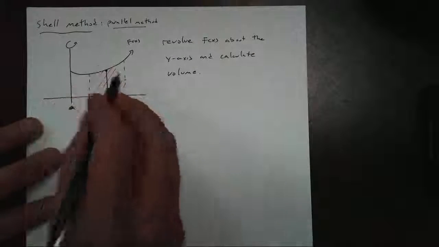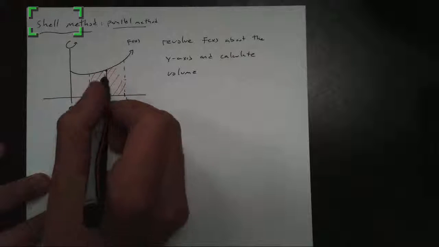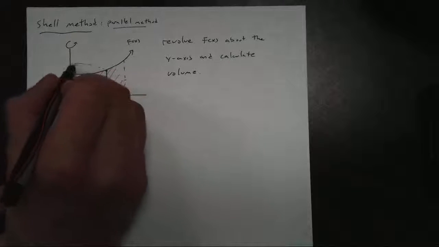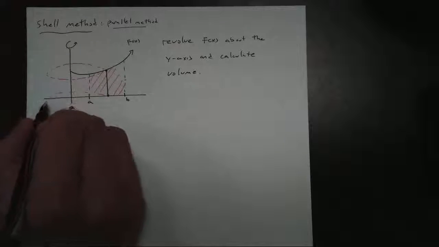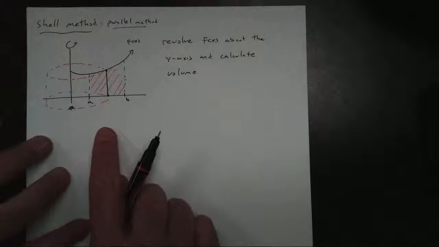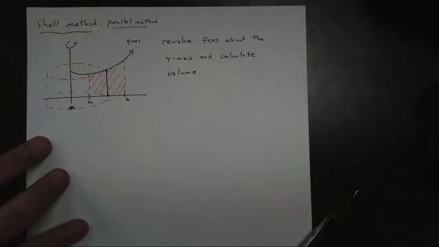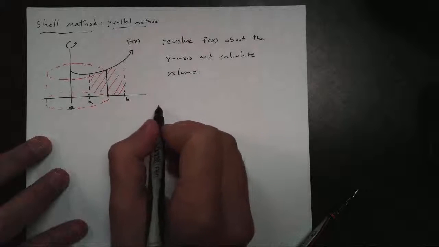Now if I revolve this about the y-axis, we get a very thin line that's going to be revolved, like so. And you can kind of see that. What we wind up with is a hollowed out cylinder or a shell that looks kind of like this.